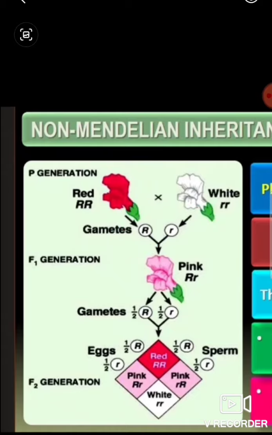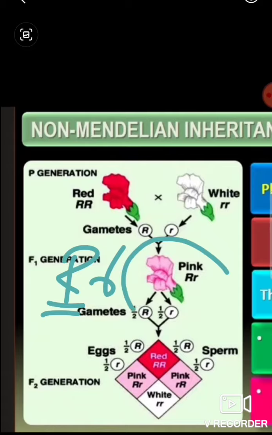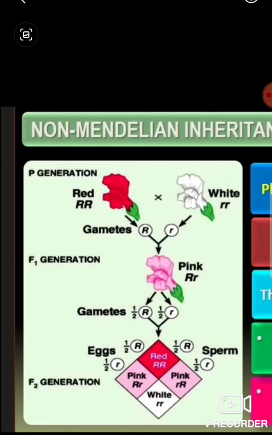In the F1 generation, in the heterozygous condition with capital R and small r, the dominant capital R should express, and all the flowers should be red, but here all the flowers are pink. That means red is not completely dominant over white. That is why we call it incomplete dominance.